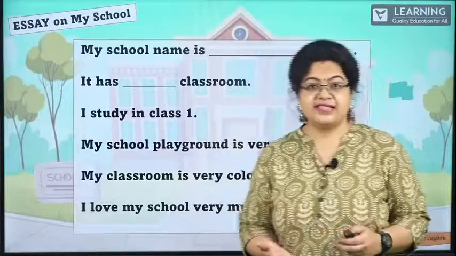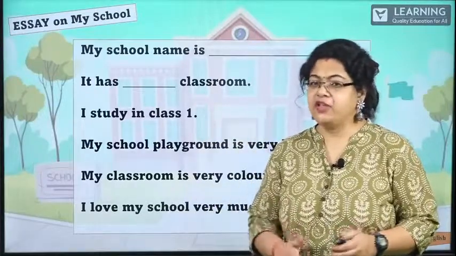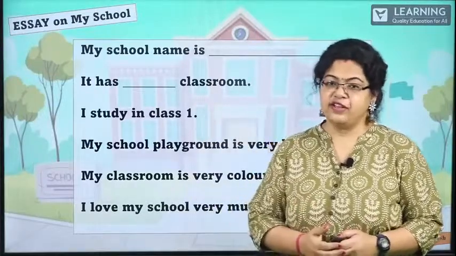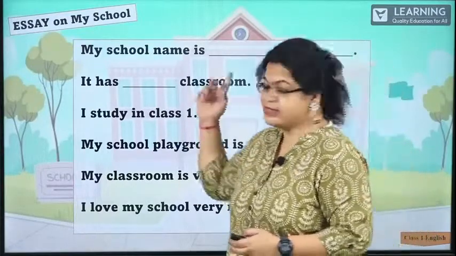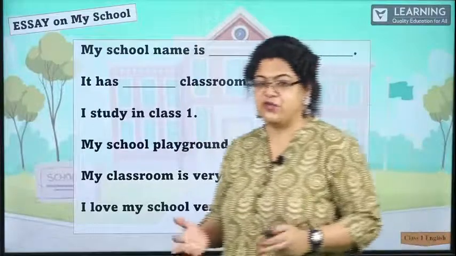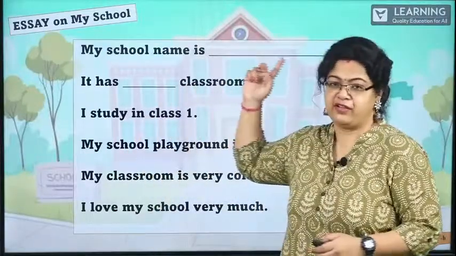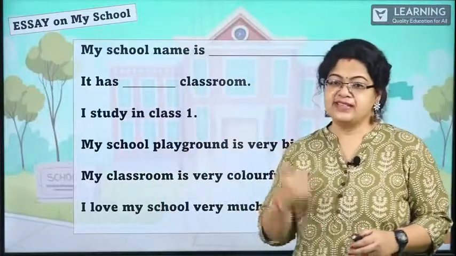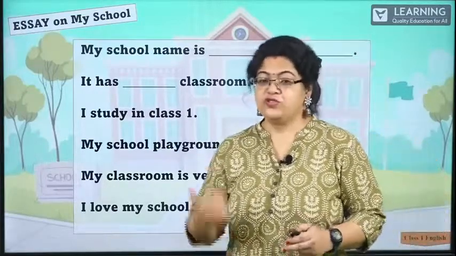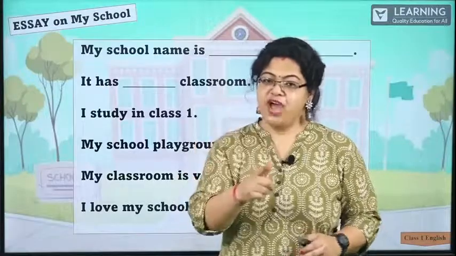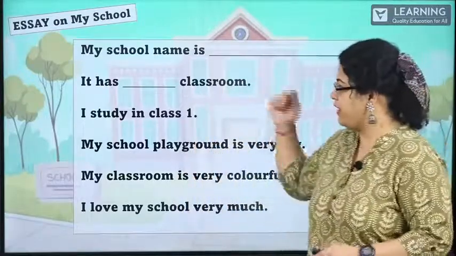Okay, so let's start, revise, recap the essay we had learned. You remember, don't you? Okay, so my school name is, what is your school name? You had to write it over here. So I had mentioned my school name is St. Lawrence High School. So you have to write your school name over here.